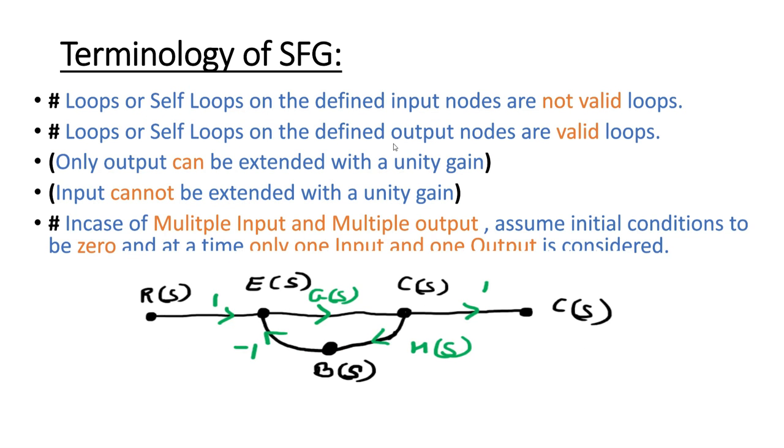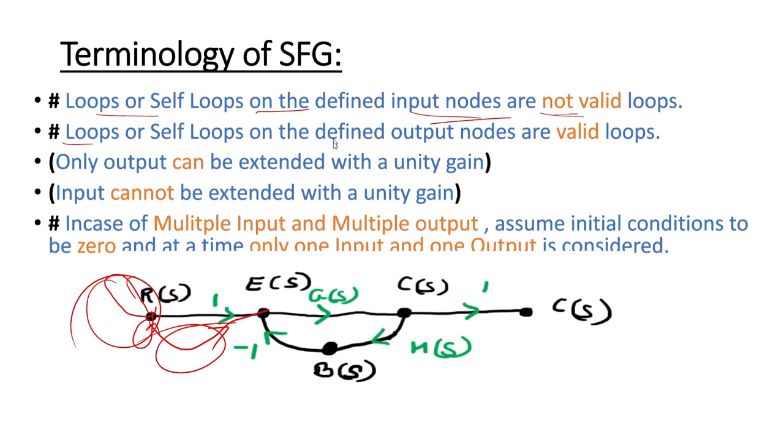Remember this. Then we have some basic points here: loops or self loops on the defined input nodes are not valid loops. Means if you have some loop like this here, or any loop like this, then these loops are not valid loops. Loops or self loops on the defined output nodes are valid loops.